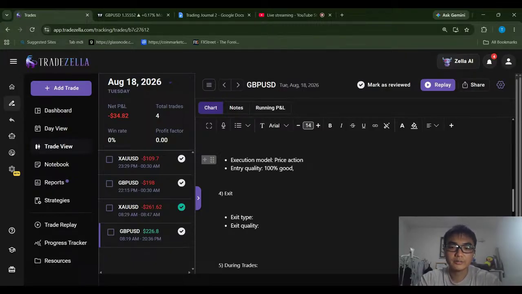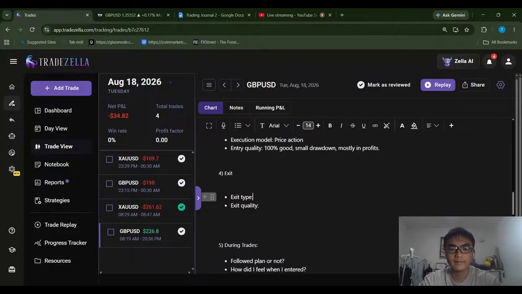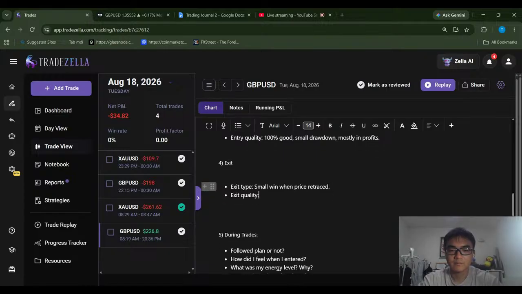Small drawdown, mostly in profit. A small win. Is the quality pretty good? I expected more.